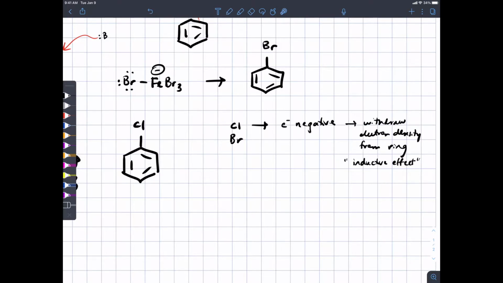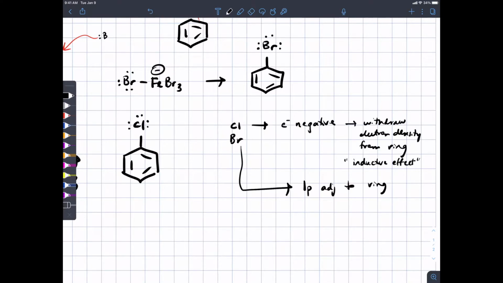So what will happen then is that rings that have halogens on them are going to be less reactive than benzene. Now there's another issue that we'll talk about in a little bit, and that's the idea of if you already have something on a benzene ring, where does the next thing go? In addition to their ability to withdraw electron density by electronegativity, the other thing you have to notice about these halogens is you have lone pairs adjacent to the ring.